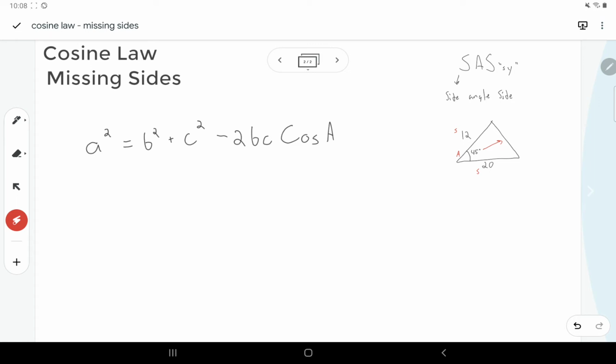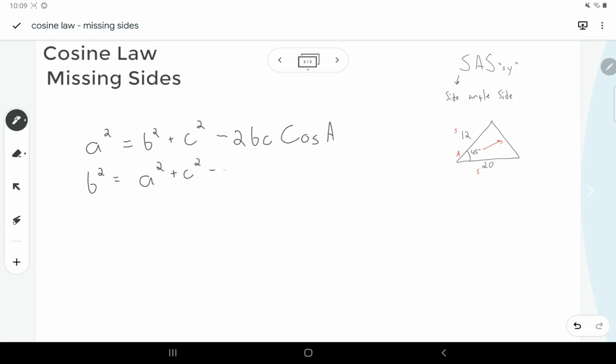Okay. If we were looking for a different side, if say b was the side that was missing, we'd just use b on this side instead. B squared equals, and then wherever we had b, we just write a instead. So we'd write a squared plus c squared. So again, if our sides are a, b, and c, we have the side we're looking for here, the other two sides on this side.